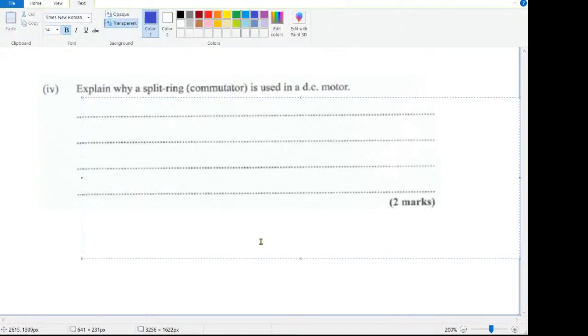Explain why a split ring commutator is used in a DC motor. Well, I told you this already.